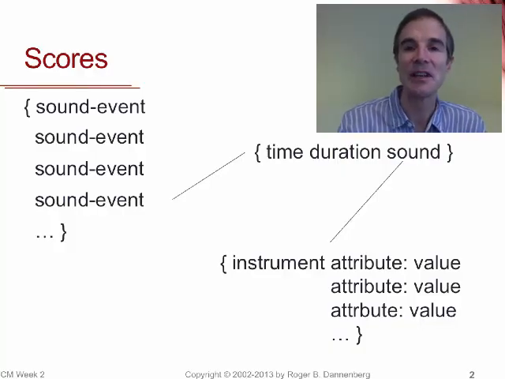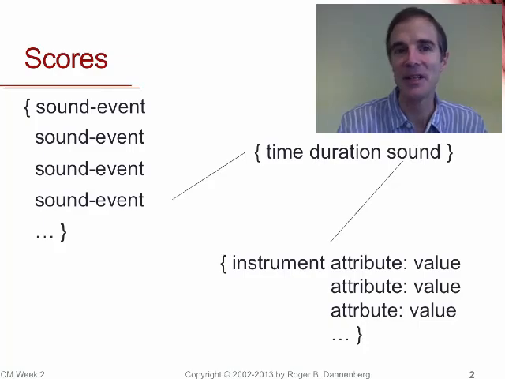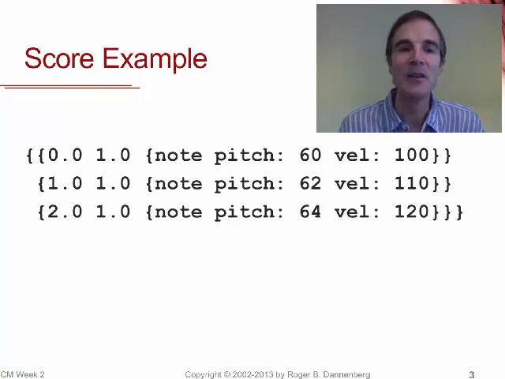Let's look at this in a little more detail and see some concrete examples. Here's an example. You can see that this is a score with 3 sound events. Each sound event, remember, is a list of 3 elements: the time, the duration, and the sound.